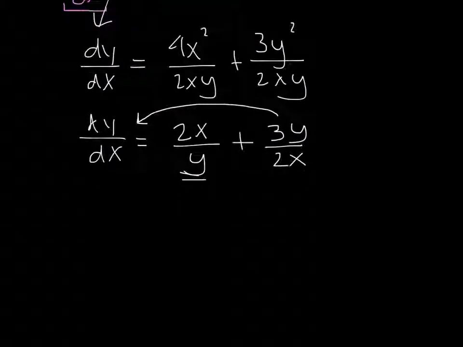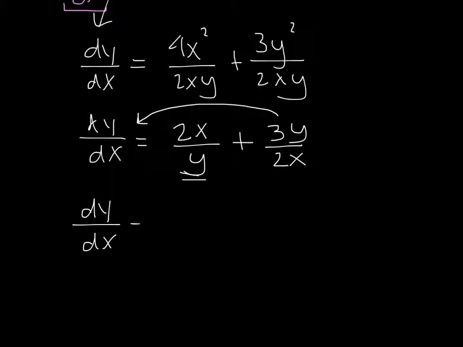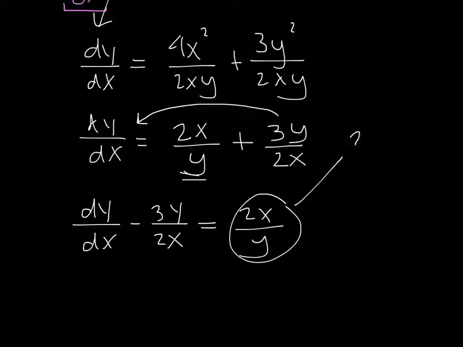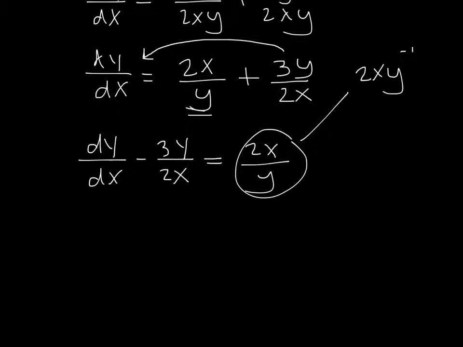So let's move this up. So I have dy/dx minus 3y over 2x equals 2x over y, or we can say 2x y to the negative 1. And you'll see why I used my negative power there.